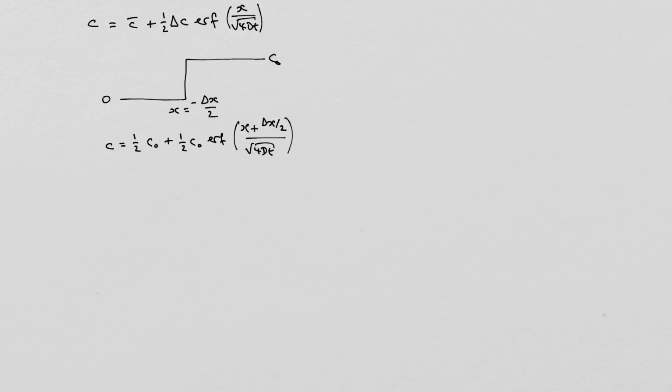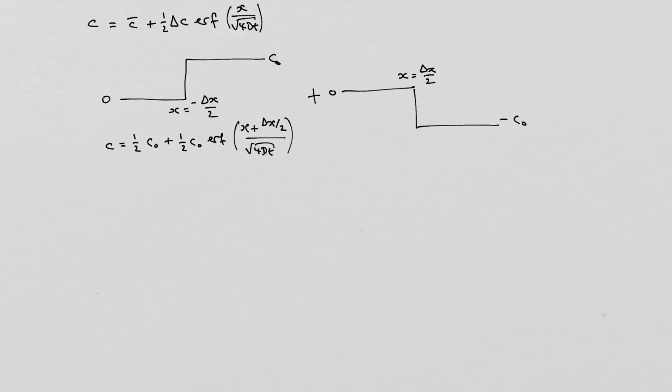And then over here, let's consider, again, something that is a little bit naughty. I'm going to consider a step down. Now, of course, concentration shouldn't be negative, but mathematically we'll get away with that. So it's going to step down at the point delta x over 2.